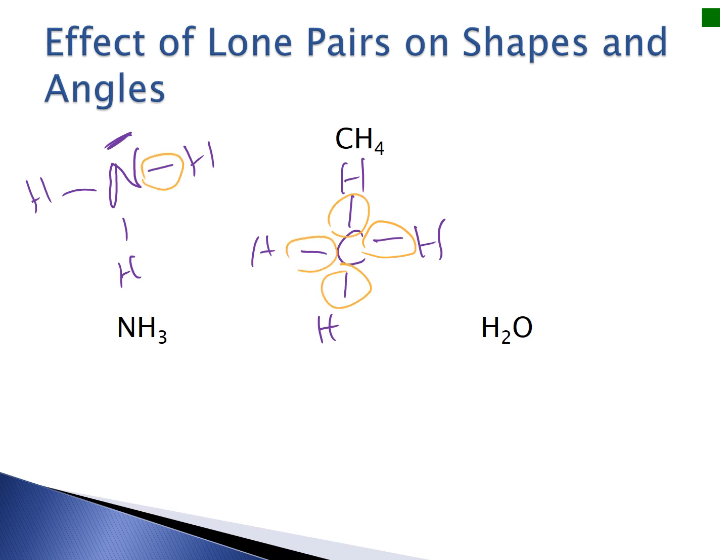The nitrogen has 3 hydrogens attached to it, but it also has this one lone pair. So it's connected to 4 separate things. According to the VSEPR theory, this forms 109 degrees. But what actually happens is that the angle between hydrogen, nitrogen, and hydrogen forms 107 degrees. And you're like, what? If I'm attached to 4 things, why does it all of a sudden change sizes?